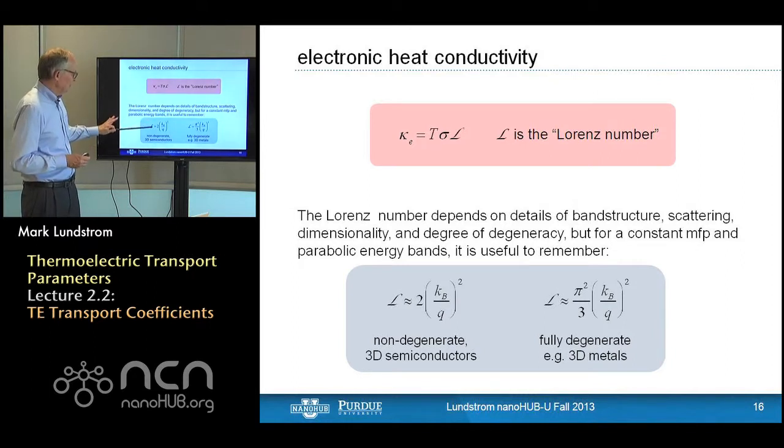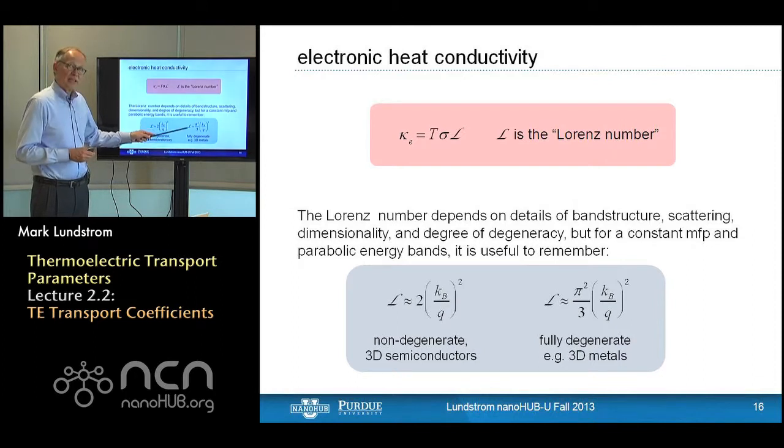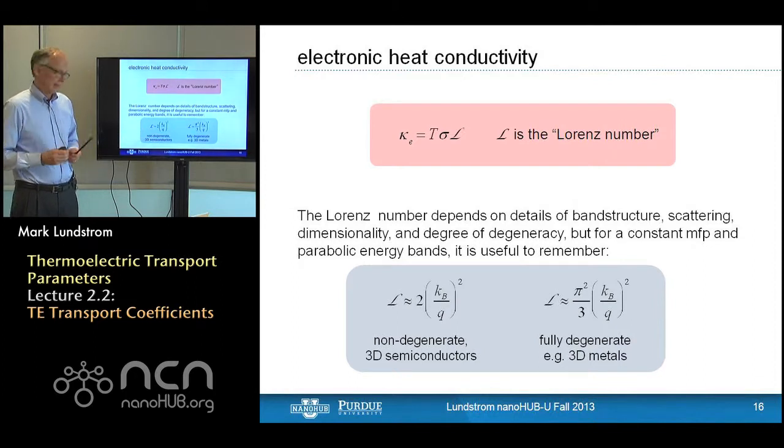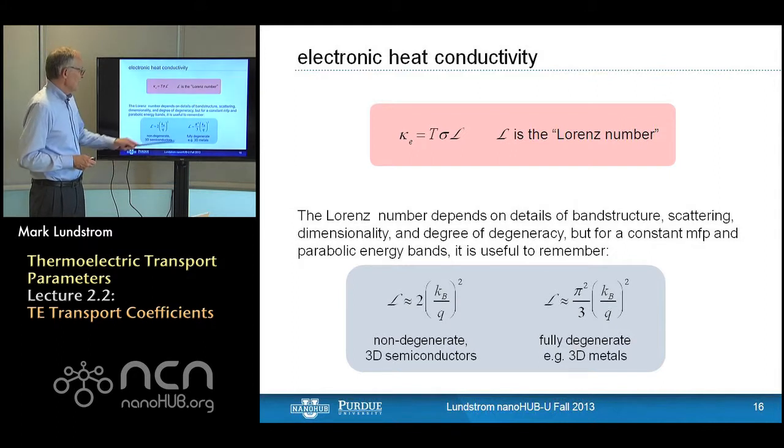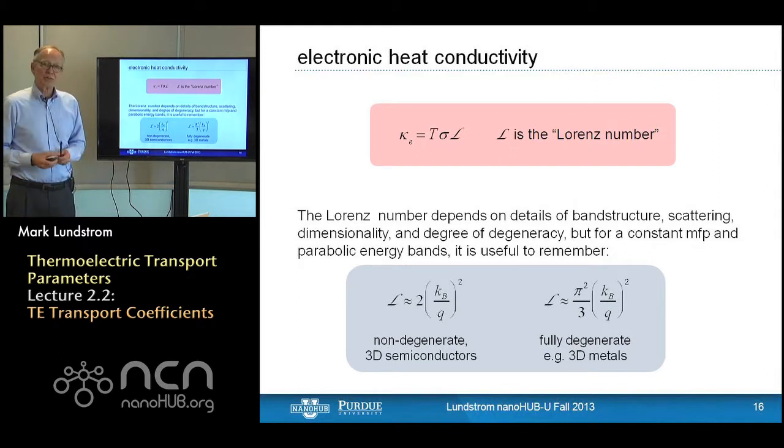For a non-degenerate, three-dimensional semiconductor with parabolic bands, this Lorentz number is 2 times (Boltzmann's constant divided by q) squared. If you're a completely degenerate parabolic band semiconductor in 3D, then the numerical factor is pi squared over 3. So it only varies between about 2 and 3.